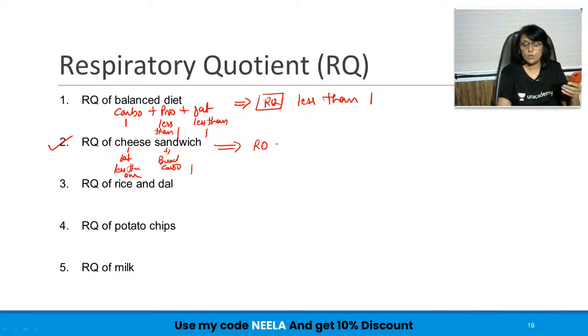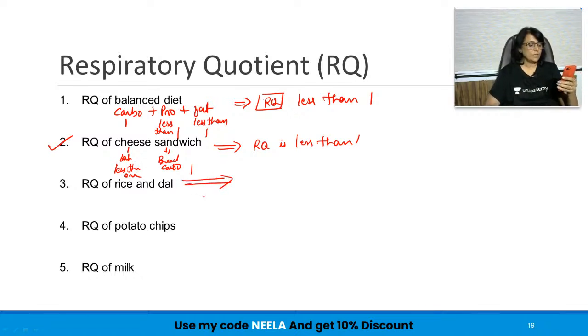That is, RQ is less than 1. Okay, you had rice and dal. Now what is the RQ of this? Less than 1, cheese sandwich. Correct. Okay, you had rice and dal for your lunch. What will be the RQ of that meal?